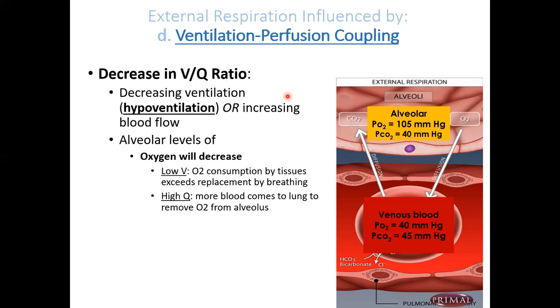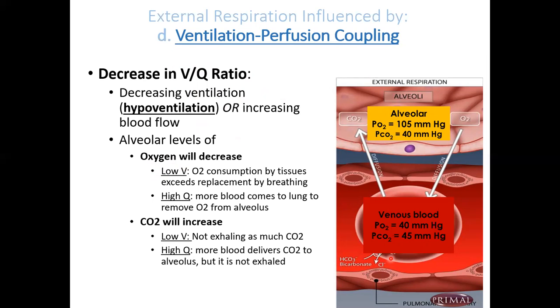Okay, and so what would happen if we decrease the amount of air that's coming in or increase the amount of blood that's coming in? Essentially, this is going to lead to less oxygen, right? So we're not taking as much air in. So now we're not going to have as much oxygen in our alveoli to give to our blood, to give to our tissues. Okay. The other thing that's going to happen here is that carbon dioxide is going to increase, right?